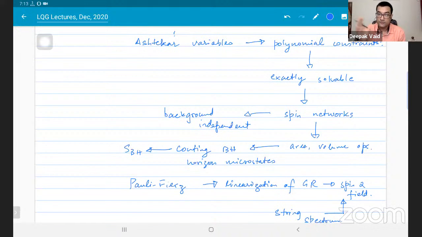At least we have yet to reach that point. But there are so many other things that we have been able to do: we can look at cosmology, we can look at black holes, and we get lots of other agreements.